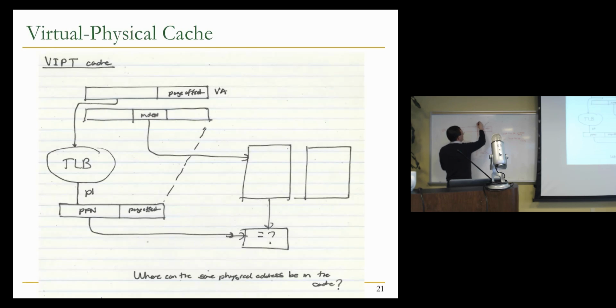Let's say you have 4 kilobyte pages, which means that you have 12 bits here, and your cache blocks are 64 bytes. So if you think about it as a cache address, only 6 bits at the bottom are the byte-in-block bits, right? So you can have only 6 index bits, right? Only 6 index bits.